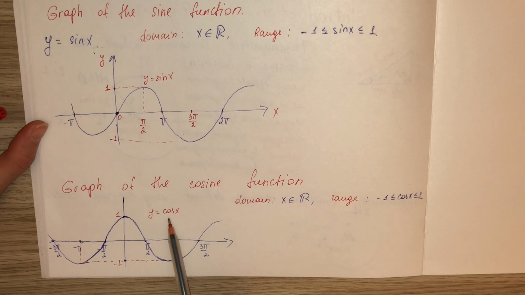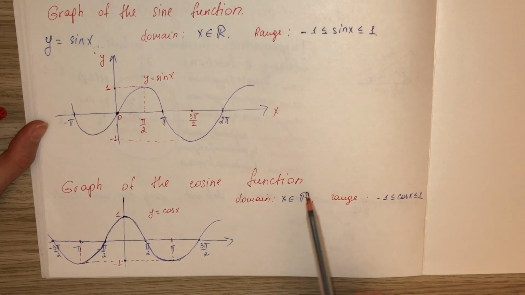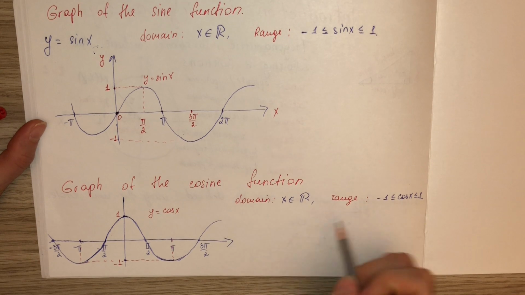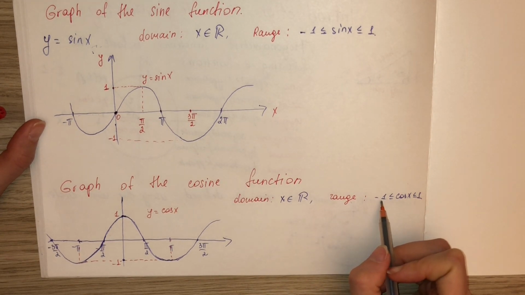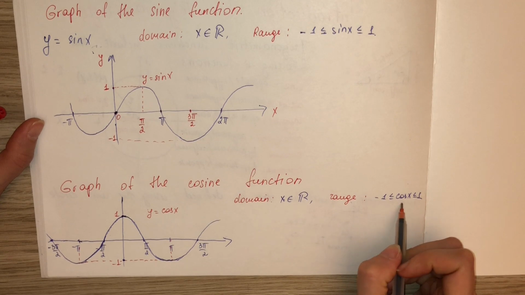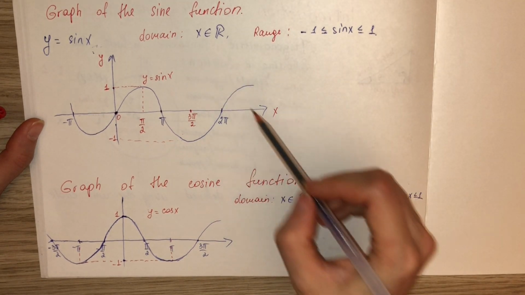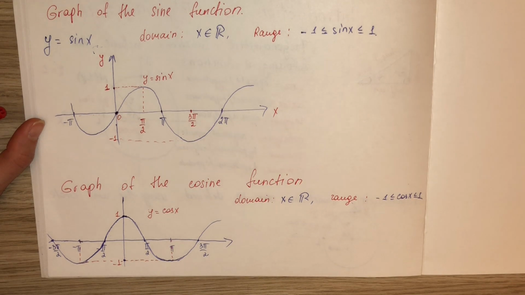The domain of the cosine function is x from the real number line, and the range of the cosine function is also between positive and negative 1. So the domain and range of these two functions are the same.